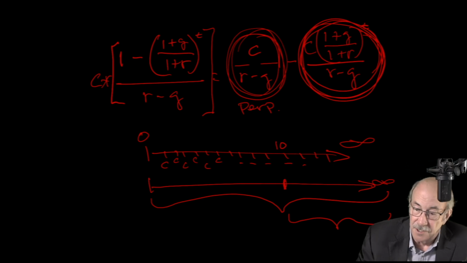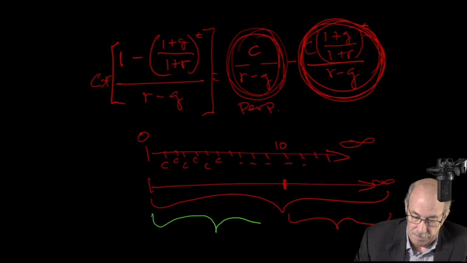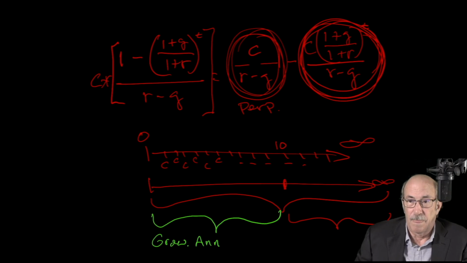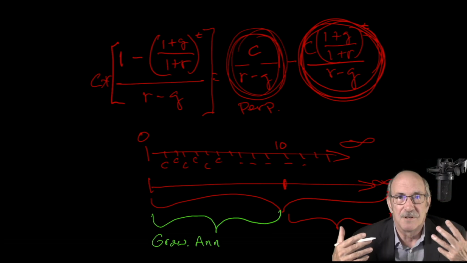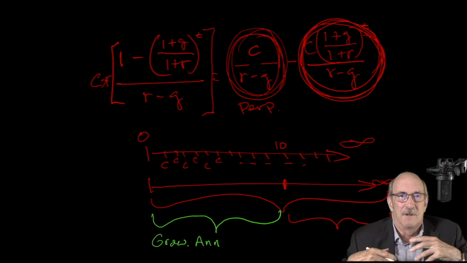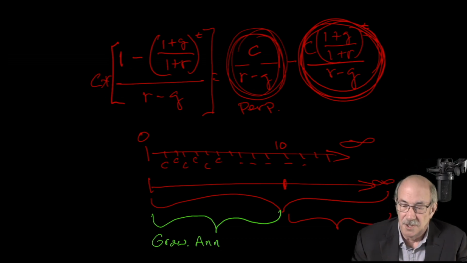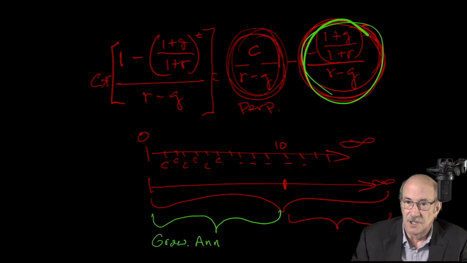And that difference right here, that is our growing annuity. So at least, even if you don't have any sort of algebraic proof here, you've got some intuition as to what this mess is over here.